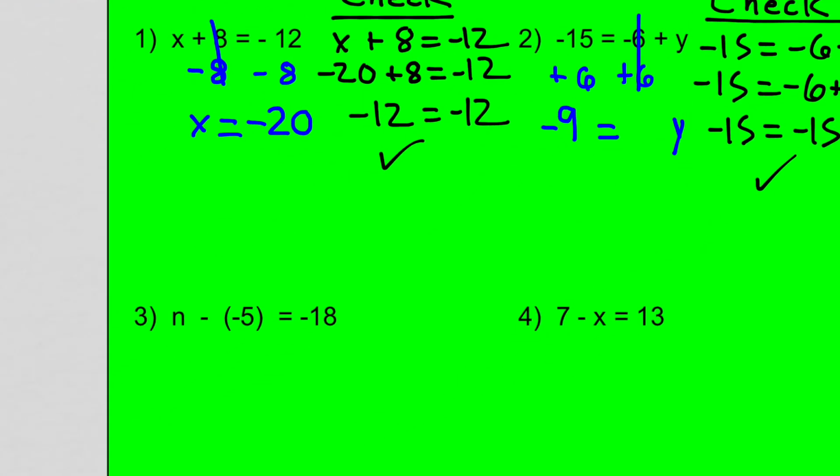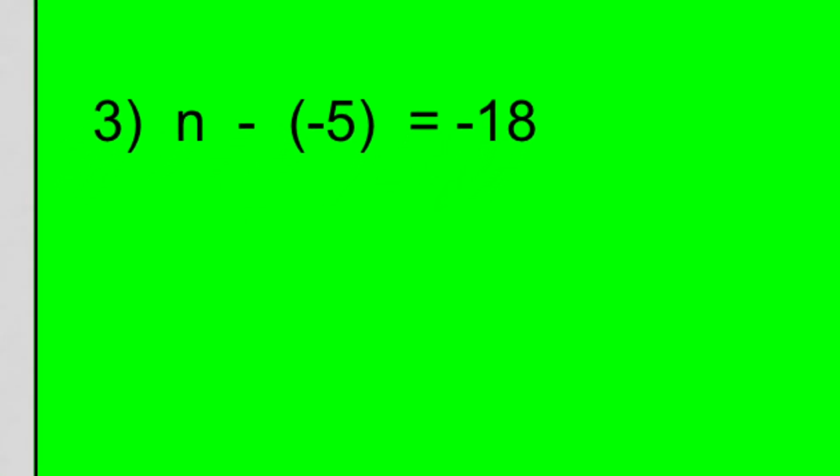Let's do a couple more here. Now in number 3, you want to show the value of n, so n take away -5 equals -18. Well, what you want to recognize here is that this equation can actually be simplified before we solve it. Subtracting a negative is the same as adding a positive, so rewrite it like this.